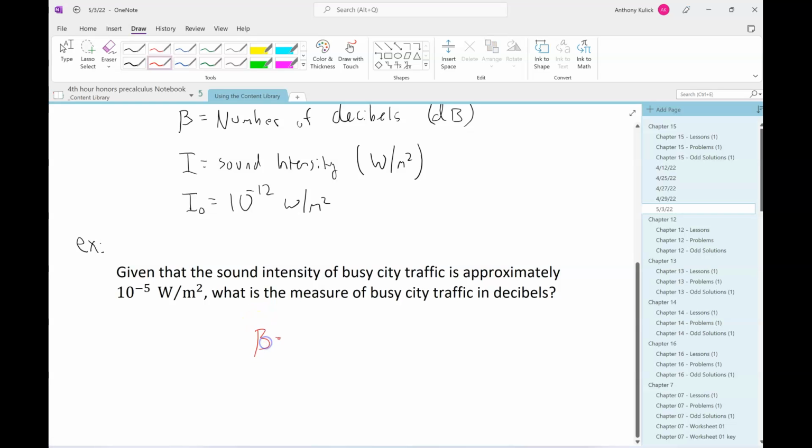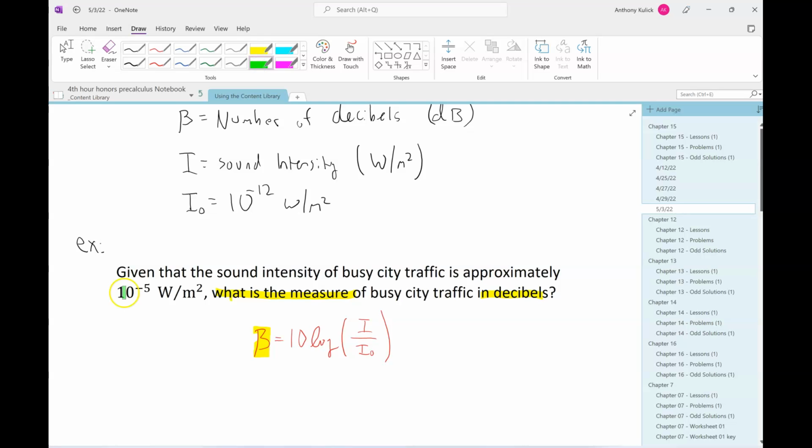Hopefully, from the wording, there's no doubt in your mind that this is modeled using that sound intensity model we just gave. The question is asking for the measure in decibels. So what are we going to be solving for? Which symbol in the equation? The beta, yeah.